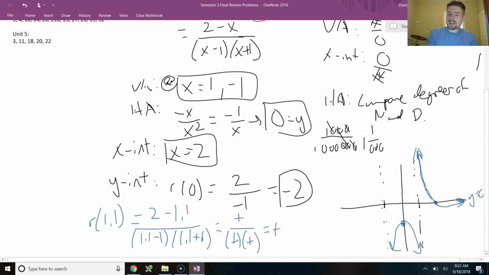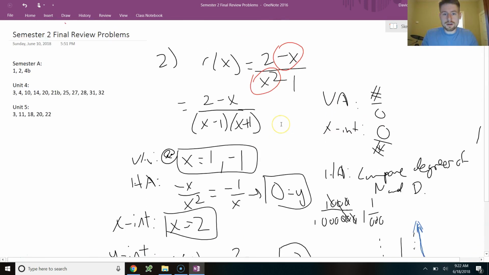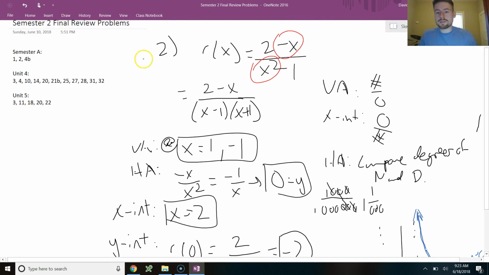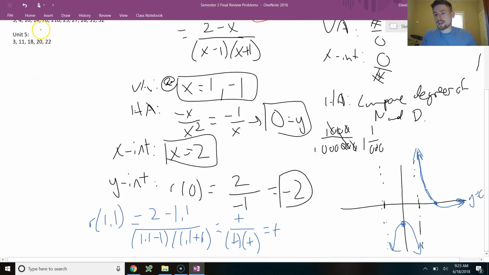I can double check that it's approaching from below, because if I look at this function and plug in a big positive number, like 100, we're going to have a negative on top and a positive on bottom. So we've got negative 98 divided by a positive number on bottom, so we get a negative but very small number. That's why it's below the x-axis.